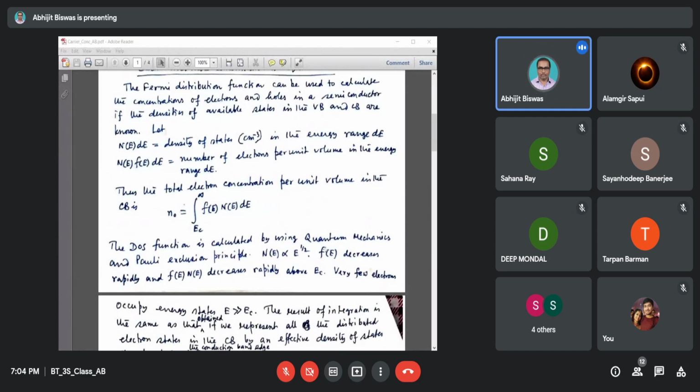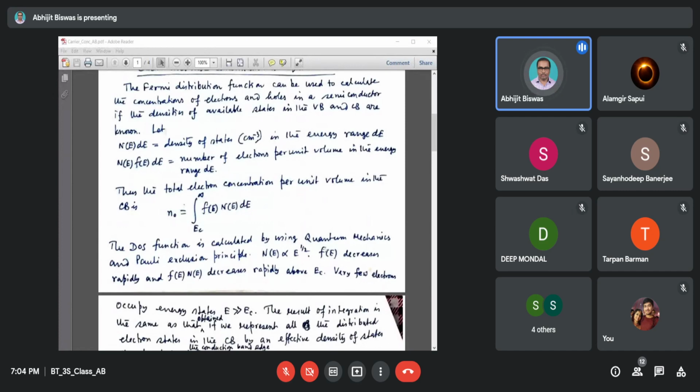thermodynamic equilibrium. So we assume that Ne dE denotes the density of states per unit volume in the energy interval between E and E plus dE. So Ne dE is equal to the density of states per unit volume in the energy range dE.